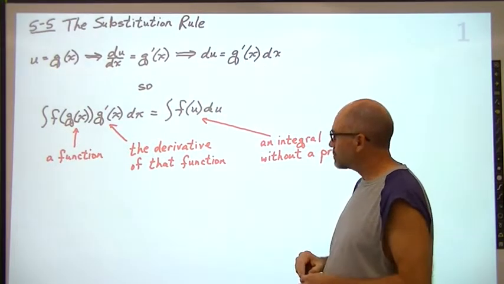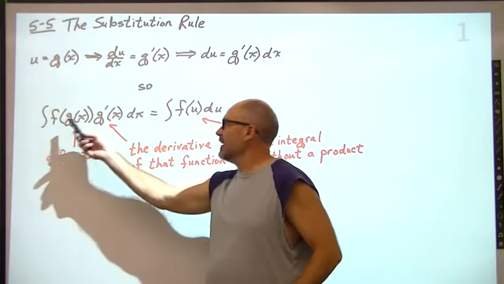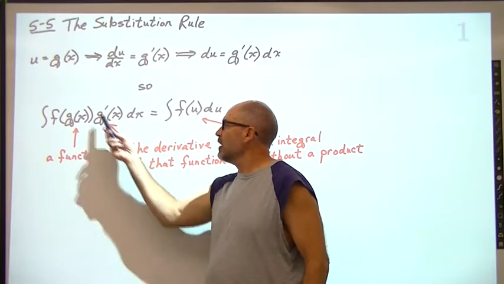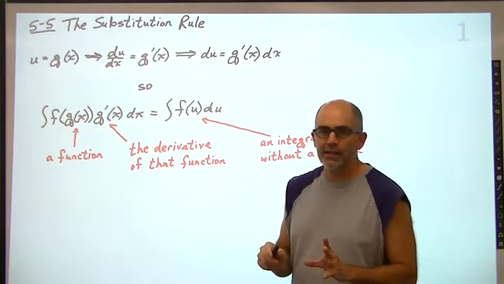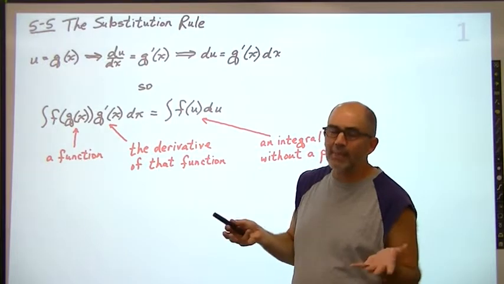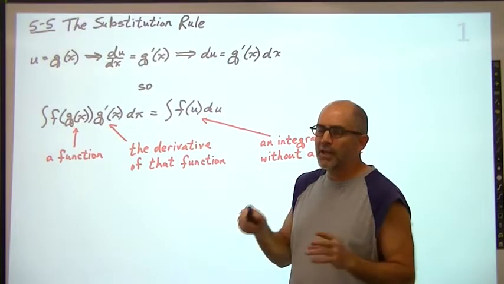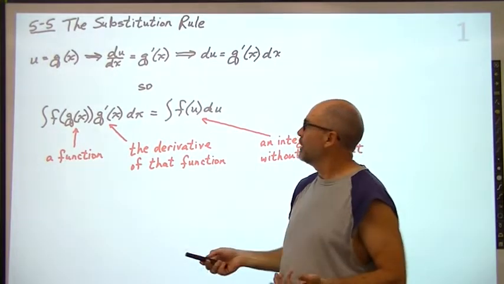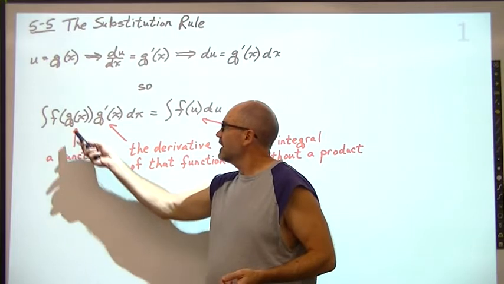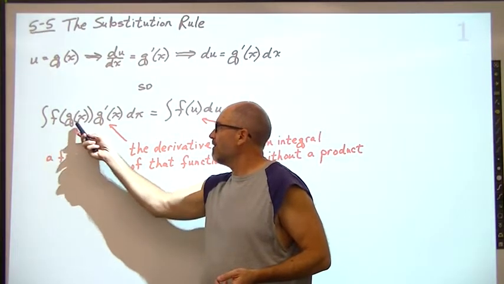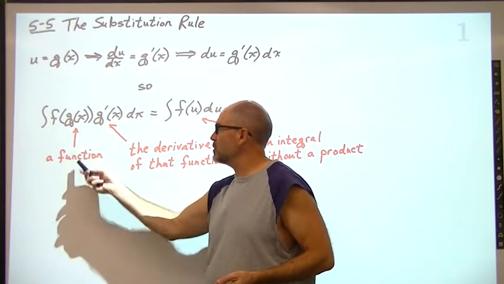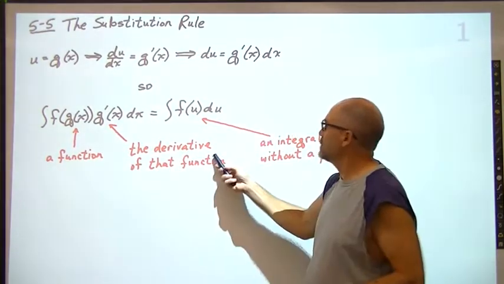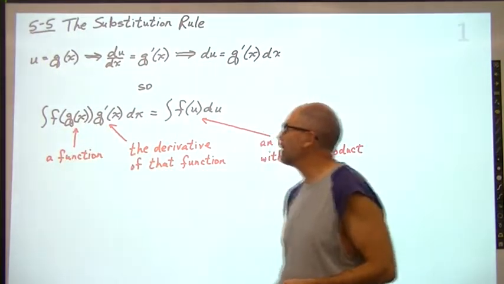Now, if I have the integral of f of g of x times g prime of x, notice that's an integral of a product that I have no capability of performing, because you can't use the product rule in reverse. So you see the function g of x in my integral, times g prime of x, which is the derivative of that function.